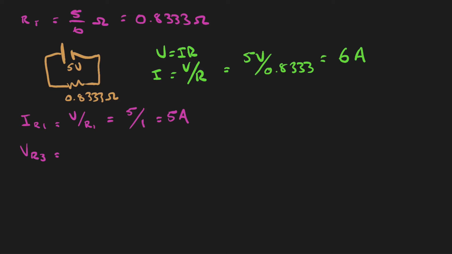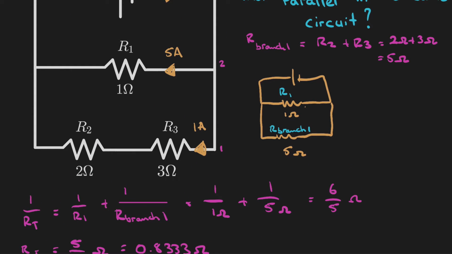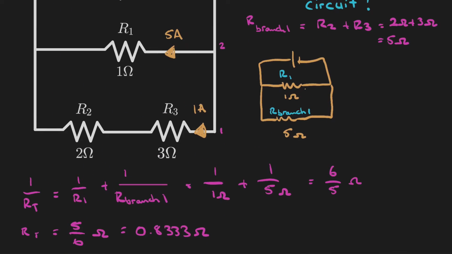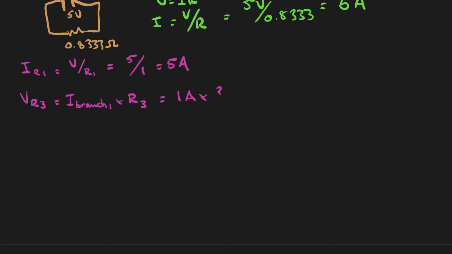And we know that it's I branch 1, that's better, times the resistance, or R3, because we're trying to find what the voltage across R3 is. And that is equal to 1 amp times, what was it, 3 ohms.